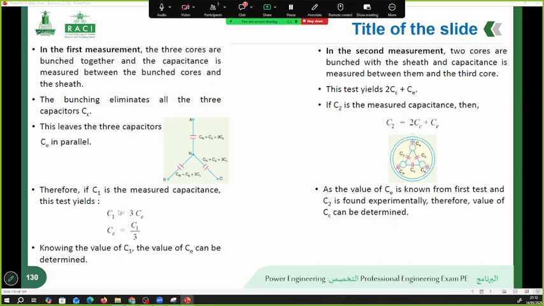Here, we have C1 as the measured capacitance. This test yields C1 equal to 3CE, and CE is equal to C1 over 3. And C2, the measured capacitance, is equal to 2CC plus CE.